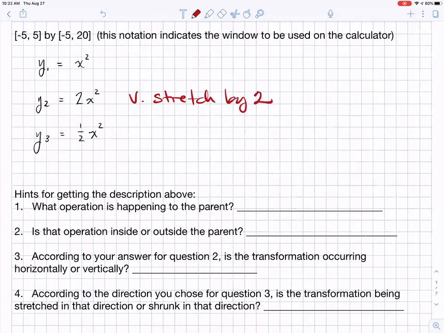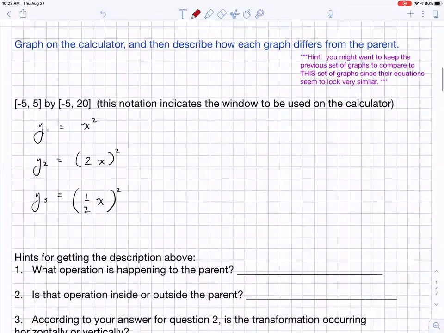Because there's a 2 out in front. And then the third one is a vertical shrink by 1/2. Justin, was that your question? Yes, ma'am. All right, does that make sense? Did that answer your question? Yes, ma'am. Okay, sorry, I didn't hear what you said there.